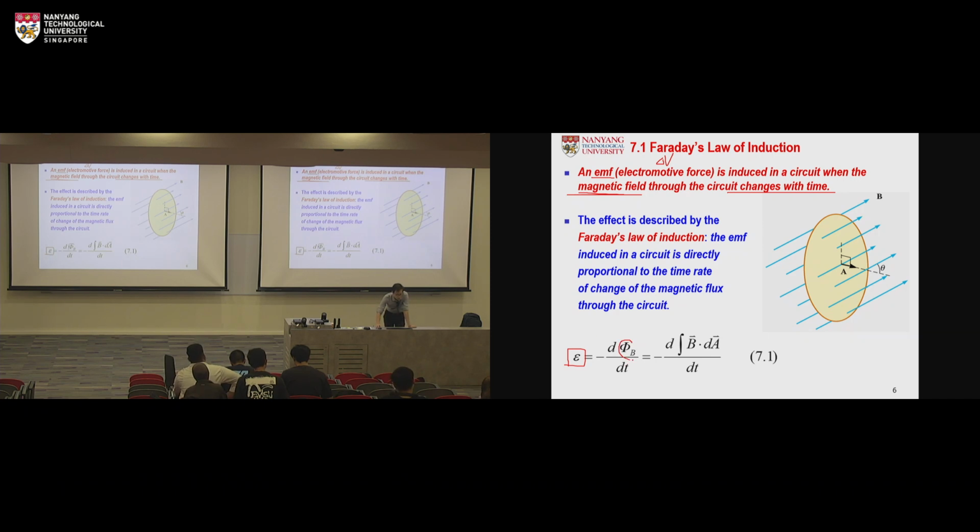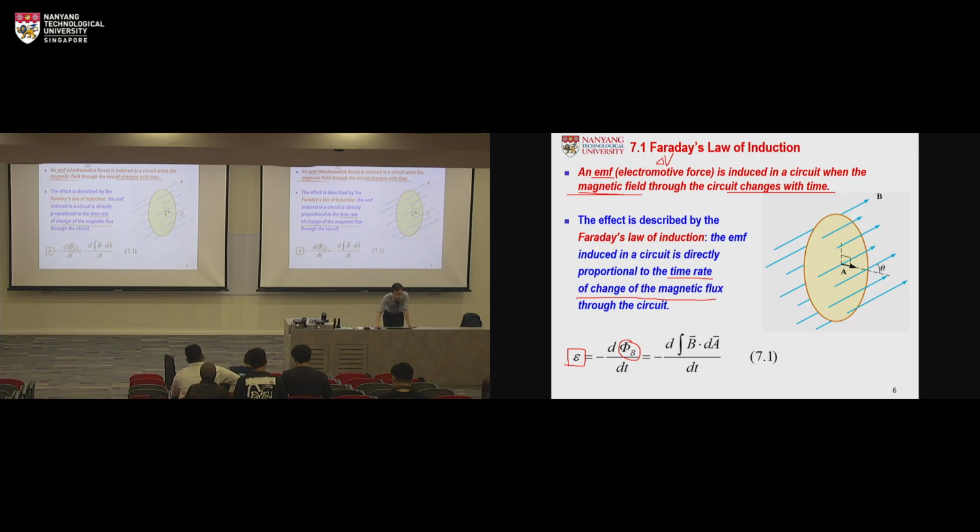The phi b is just the magnetic flux. This d phi b over dt basically means the time rate of change of magnetic flux.